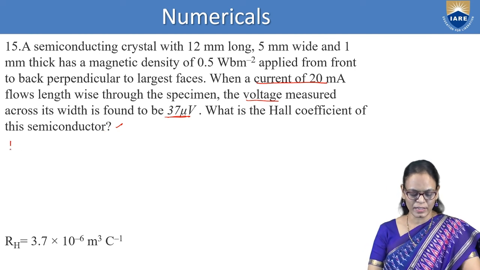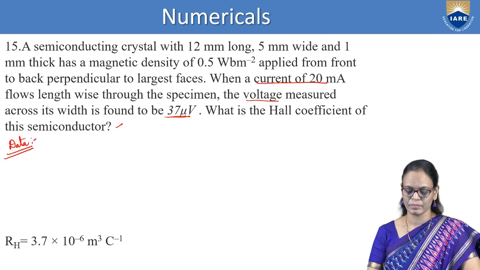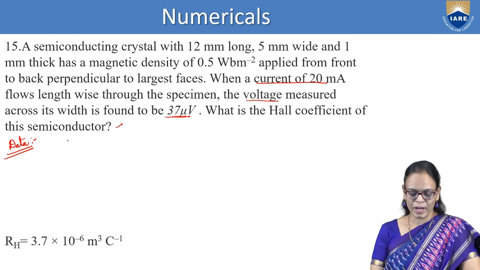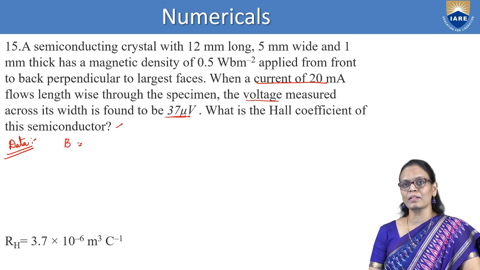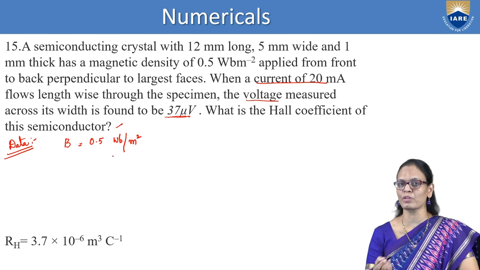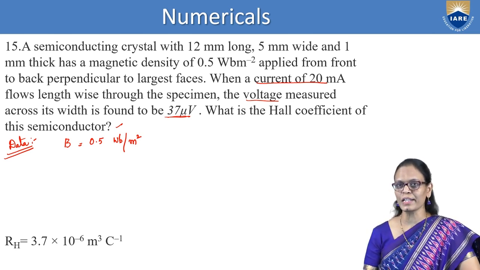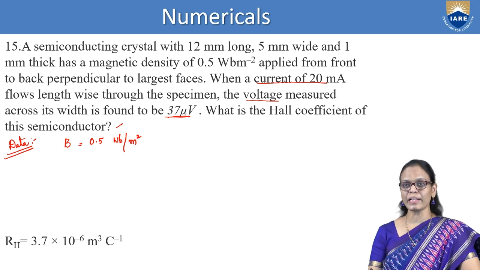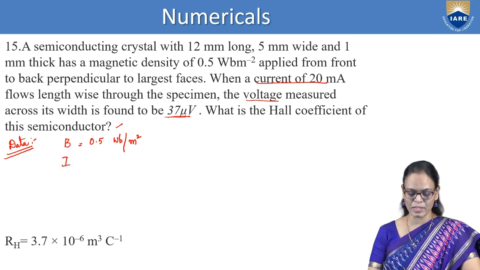So, let us write the data. We have a magnetic field B equal to 0.5 Weber per meter square, applied from front to back perpendicular to the largest faces. And then the current is given. Current is 20 milliampere.